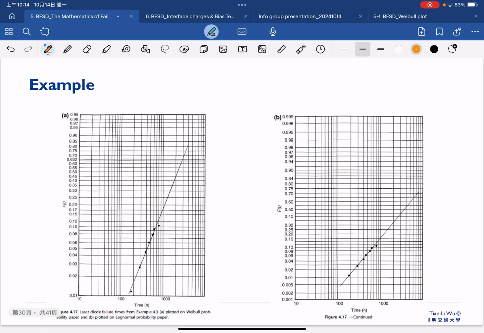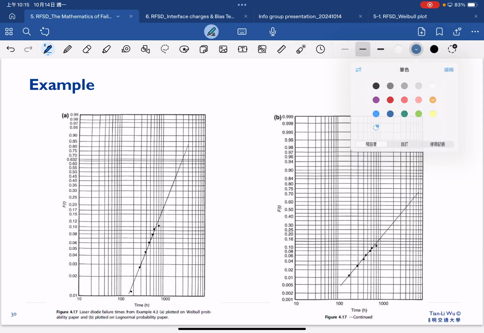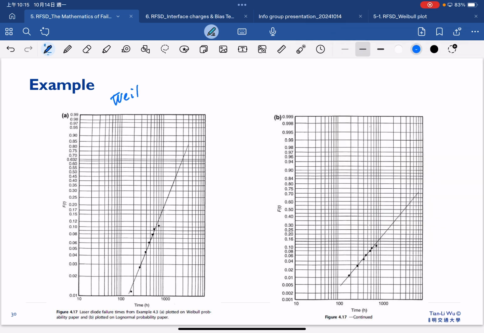So here is a practical example. If we plot as a Weibull, that's the left hand side, and on the right hand side, that's a log normal.